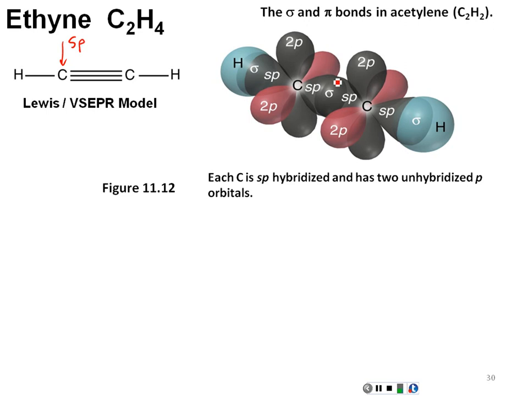So the sp and sp can overlap to form our sigma bond, and then we get overlap between one set of 2p orbitals, so that would be the 2pz orbital, and let's just call this 2py. Those can also overlap.